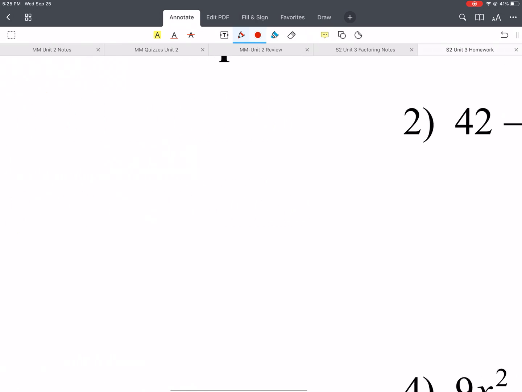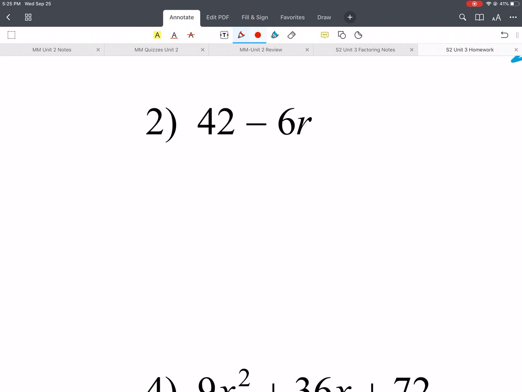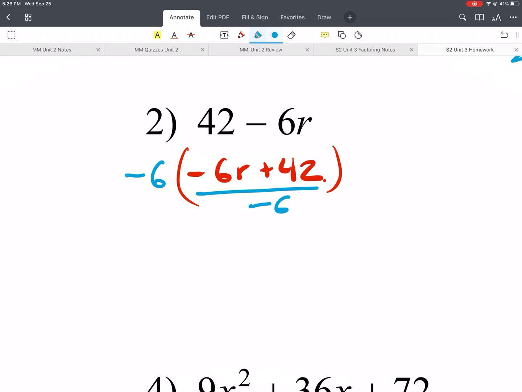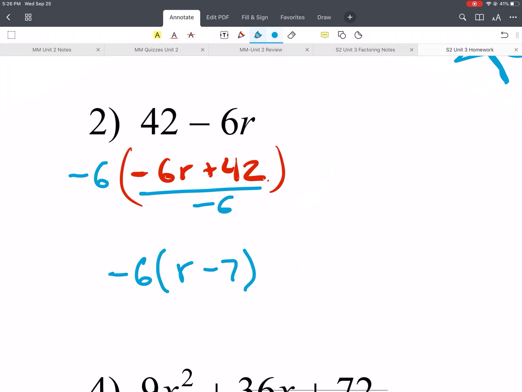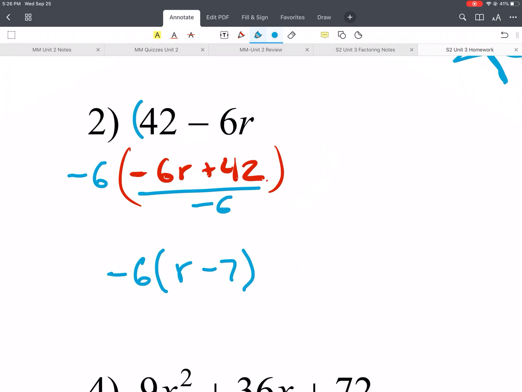An example where it's not in standard form, we would need to rewrite this as negative 6r plus 42. If you didn't, you probably wouldn't think of factoring out the leading negative. So here we'd factor out a negative 6. We'd get negative 6 times r minus 7. If you didn't do that, then maybe you would say, well, I'm just going to factor out a 6, and then you end up getting 6 times 7 minus r.